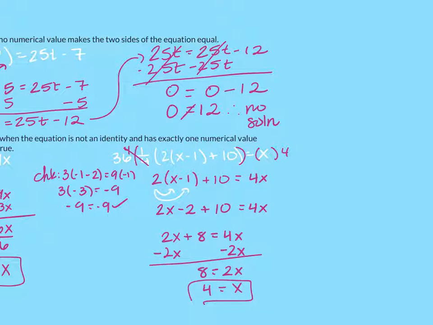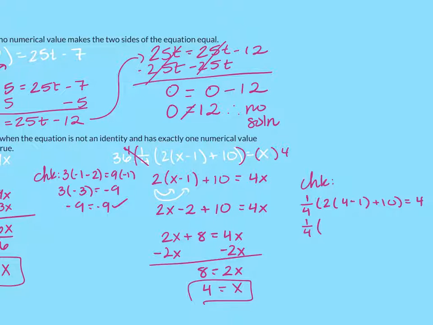Again, I want to check to make sure that's actually the answer. So I'm going to plug this back into the original. So I have 1/4 times 2 times 4 minus 1 plus 10 equals 4. So now I'm going to take care of the middle parentheses that has 4 minus 1 in it.